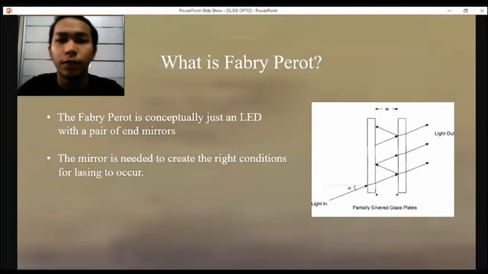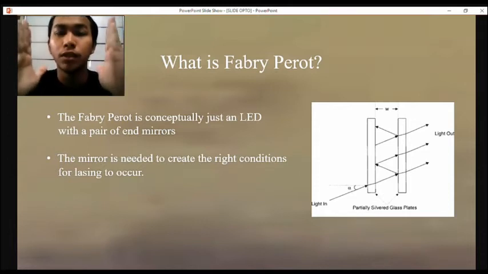What is Fabry-Perot? Fabry-Perot is named after two French scientists, Charles Fabry and Alfred Perot. This laser is composed of two flat mirrors facing each other.